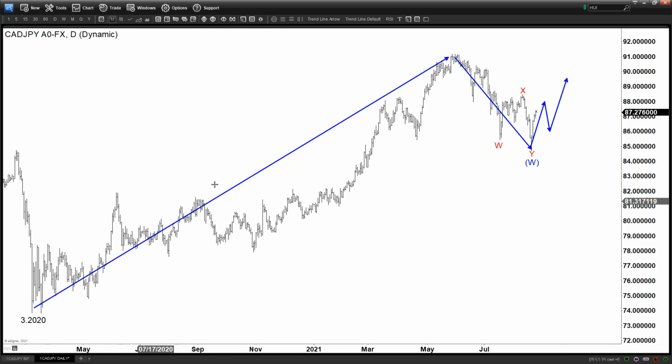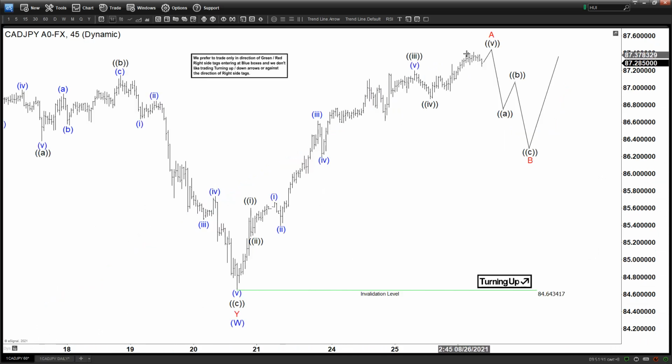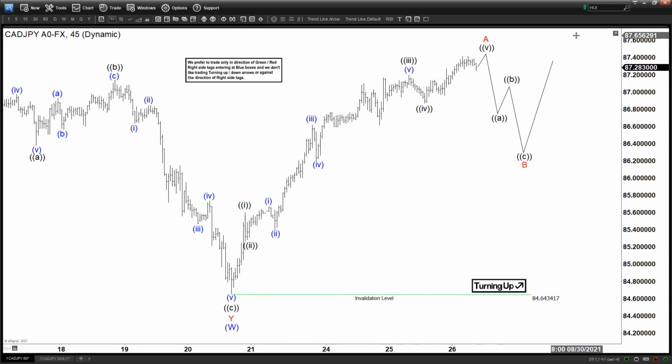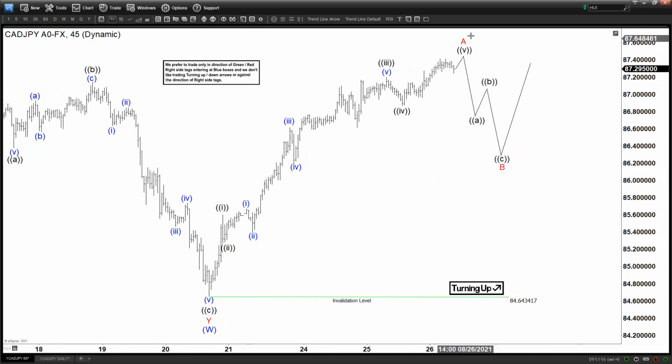Now in the meantime, if all we care about is the shorter cycle, then all we care about is that this move looks impulsive, and therefore on a pullback, as long as we stay above 84.64, we can see another leg higher within AC. Now if it turns out to be more bullish than what we thought, then this could be a new starting point of the bullish cycle.